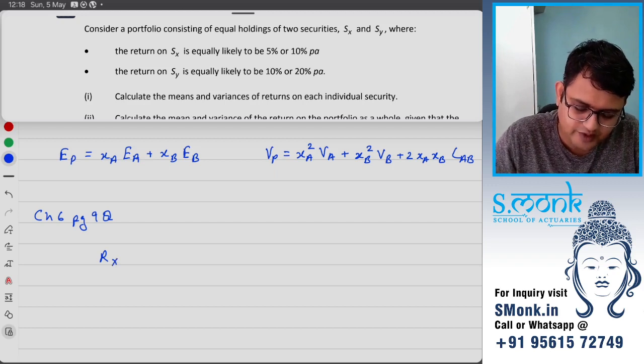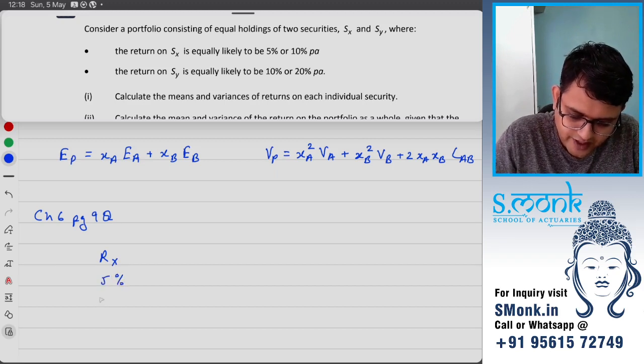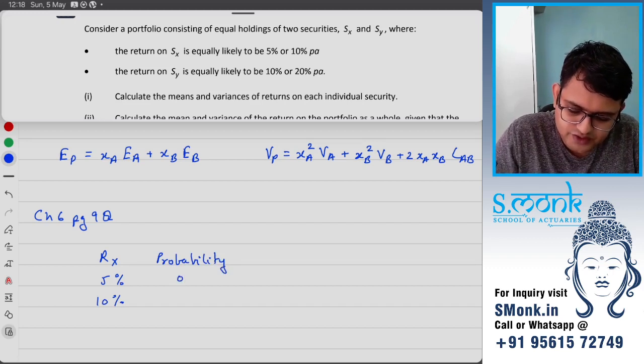So the random variable returns for the security X, the possible values are 5% and 10%. And the probabilities, they are equally likely, so 0.5, 0.5.